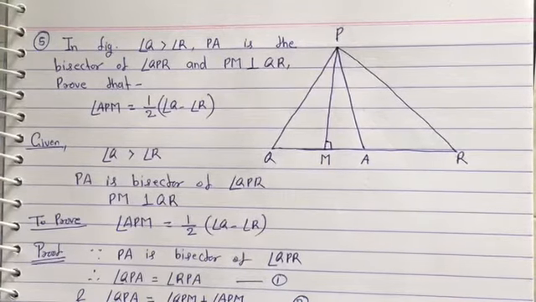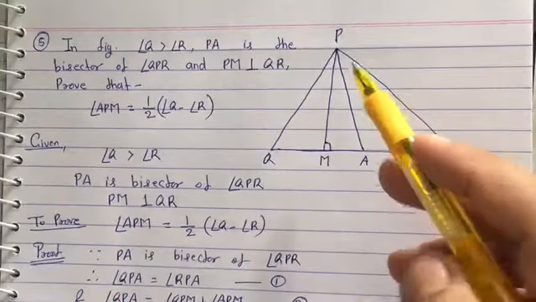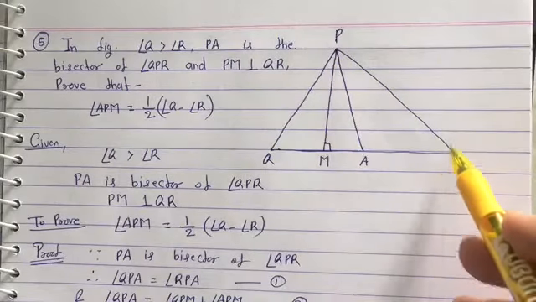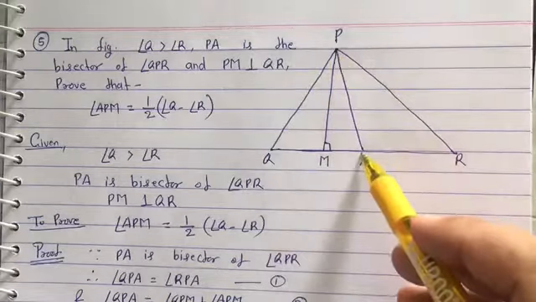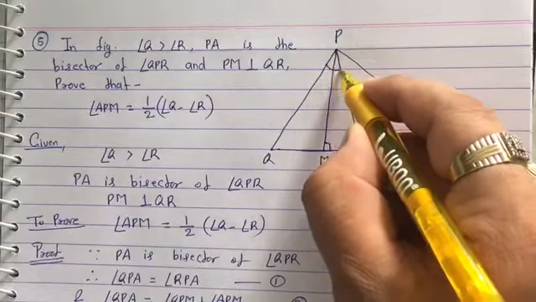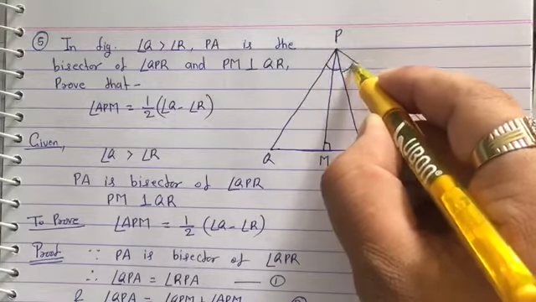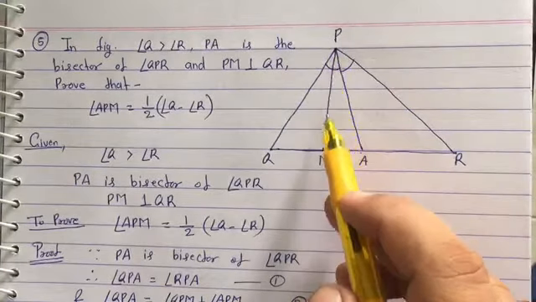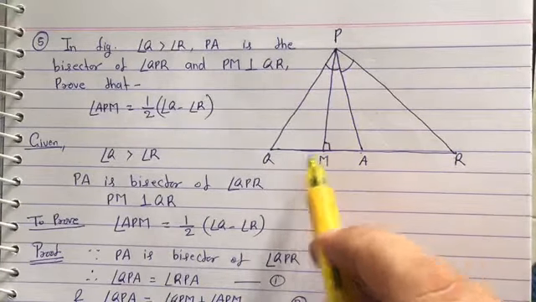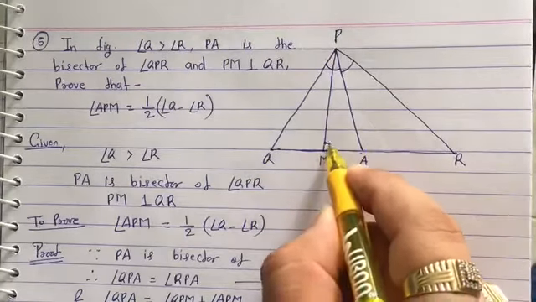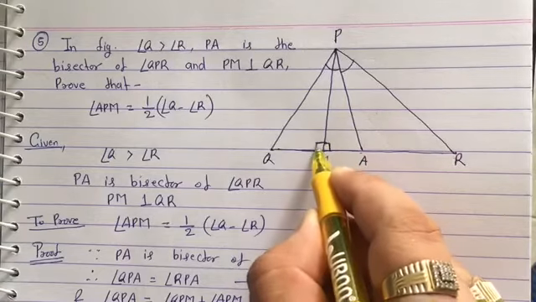Now look in the figure. This is triangle PQR. This line PA is the angle bisector, meaning this angle is equal to this angle. Next thing, this line PM is perpendicular to QR, meaning this angle is 90 degrees as well as this angle is 90 degrees.